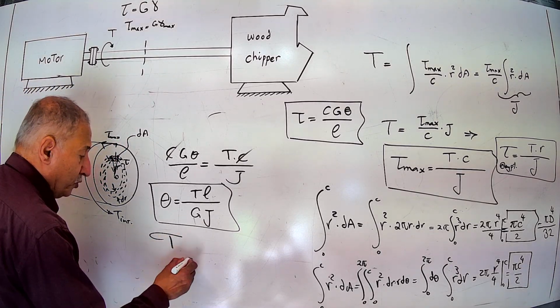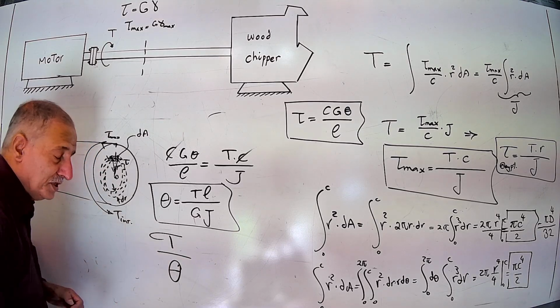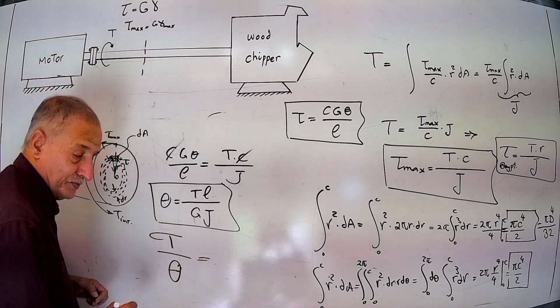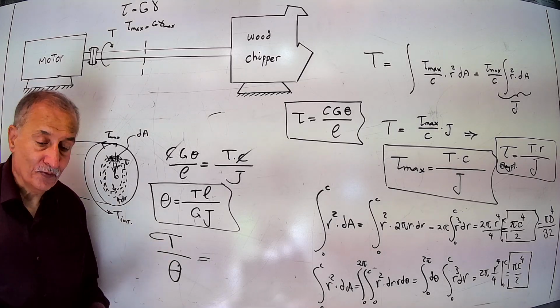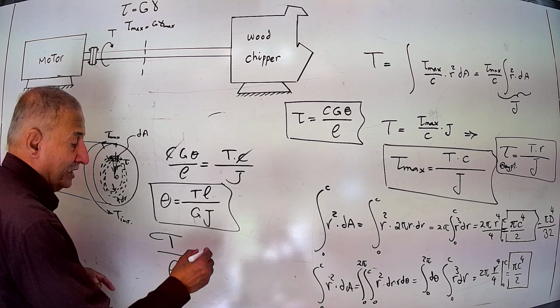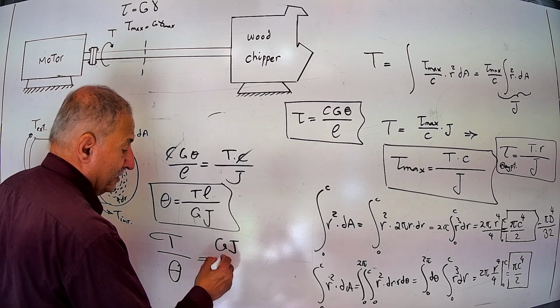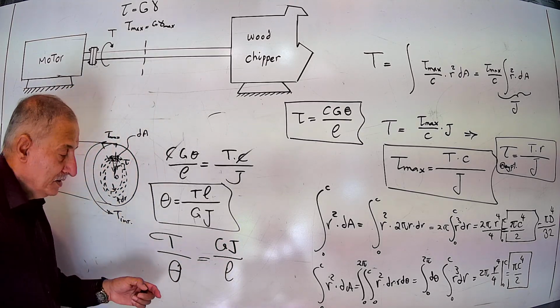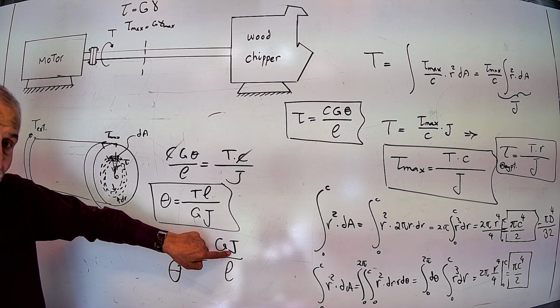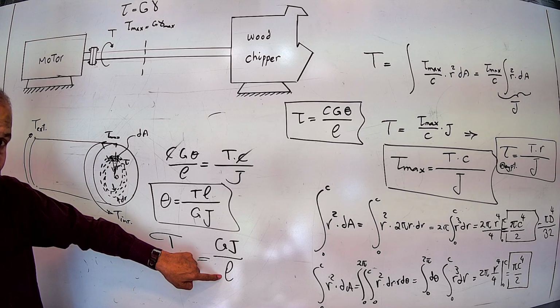The amount of torque required per twisting angle, T over theta, which is equal to G J over L. It depends on the material, the cross-section properties, and the length of the shaft.